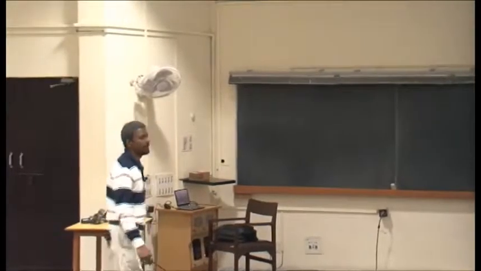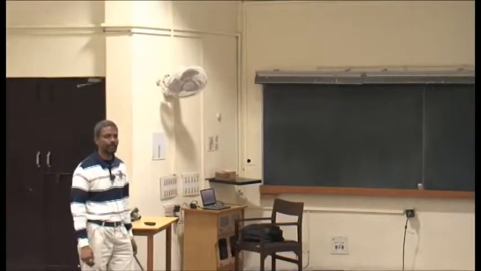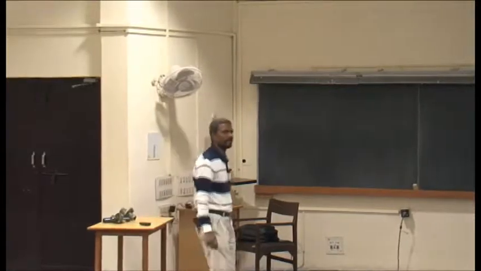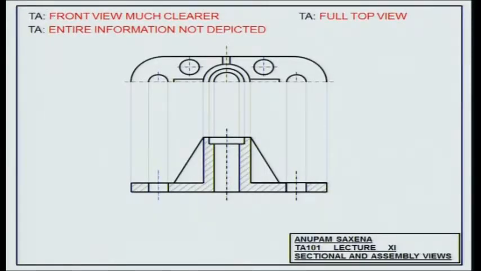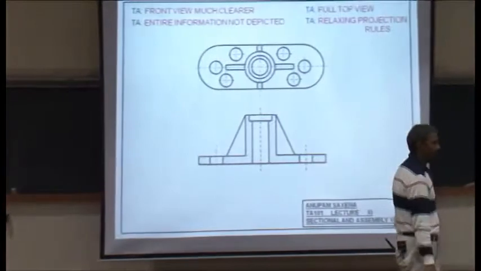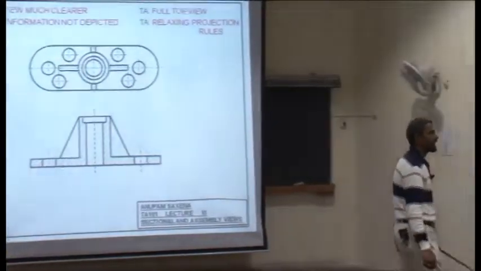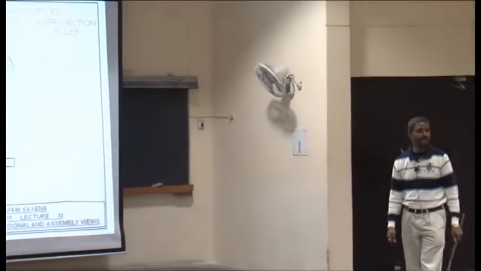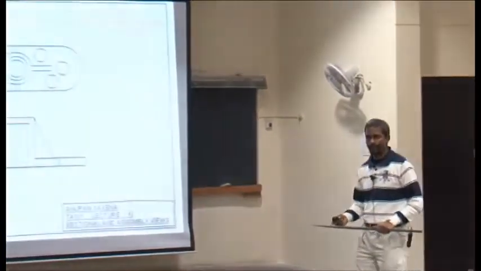However, it'll be a nice idea for you to show the full top view. So that much of the information, not all, but much of the information, is something that you're able to retain. Section views are about relaxing the rules of projection in favor of clarity.